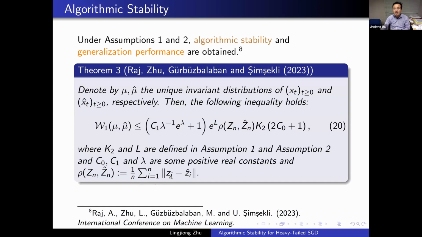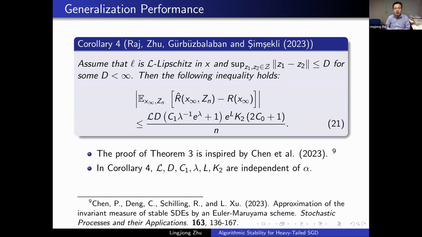Remember we assume that these two data sets differ by only one element. So except at one point, this quantity is zero. So this rho Zn hat is of order 1 over n.